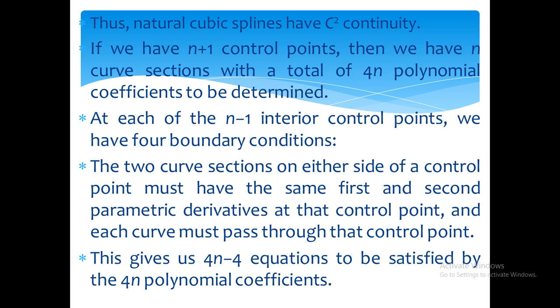For the n minus 1 interior control points, you have 4n minus 4 equations to be satisfied by the 4n polynomial coefficients. Why minus 4? Because P0 and Pn have different boundary conditions, right?